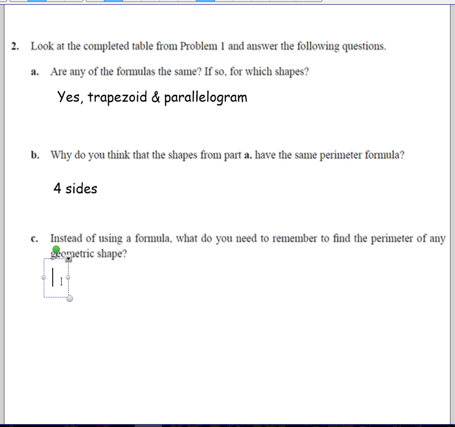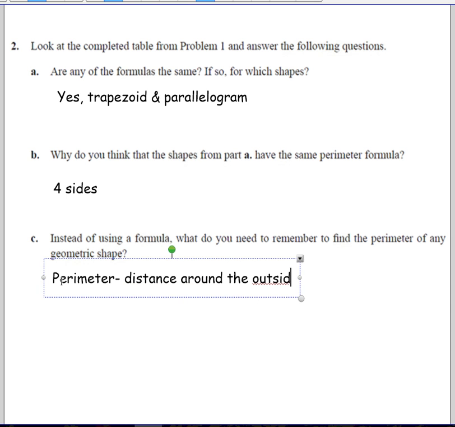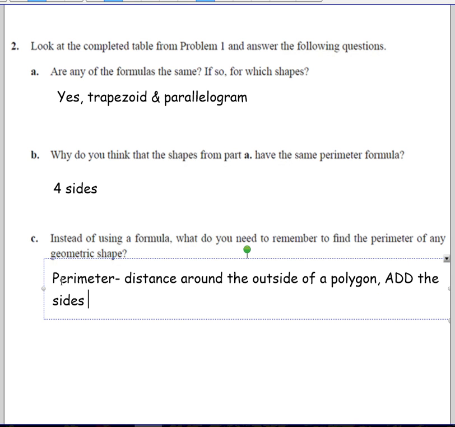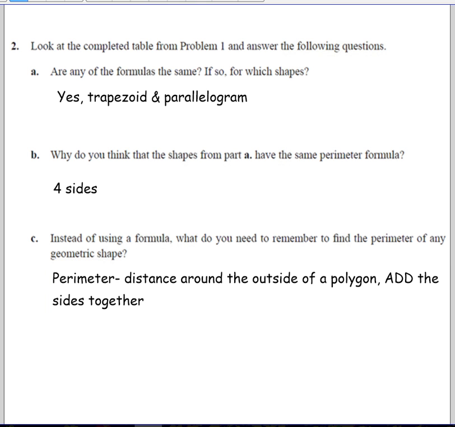That's for perimeter, it's the distance around the outside of a polygon. And you need to add the sides together. So again, the key thing here is that remember perimeter means to add.